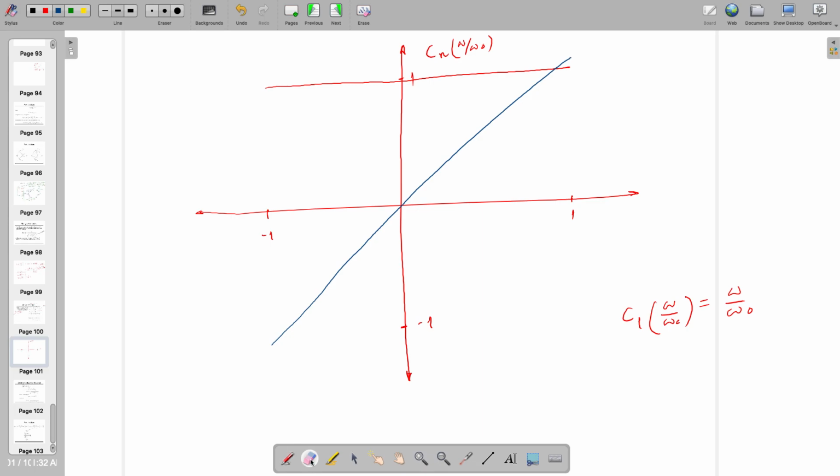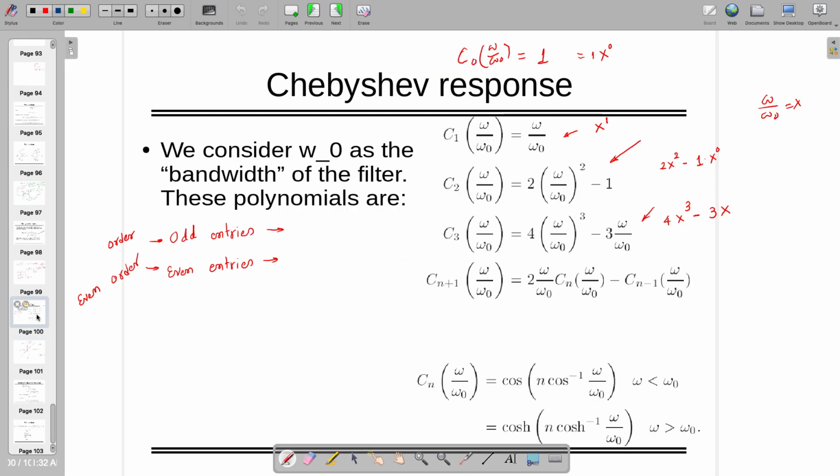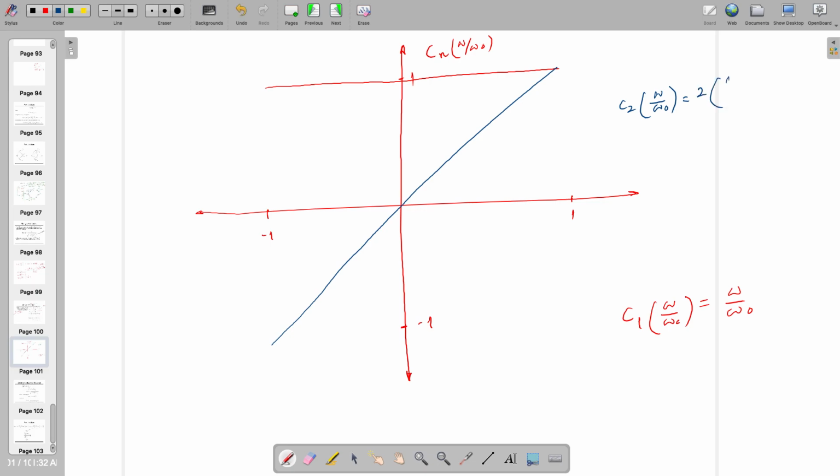Now, what will happen if it is C2 of omega by omega naught, which is equal to 2 times omega by omega naught square minus 1? So the parabola we can find out very easily. However, what is happening when omega by omega naught is equal to 0? It's passing through minus 1, and will give me an effect that looks like this.